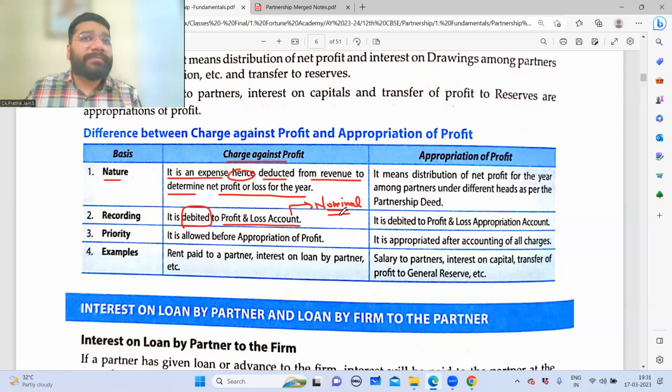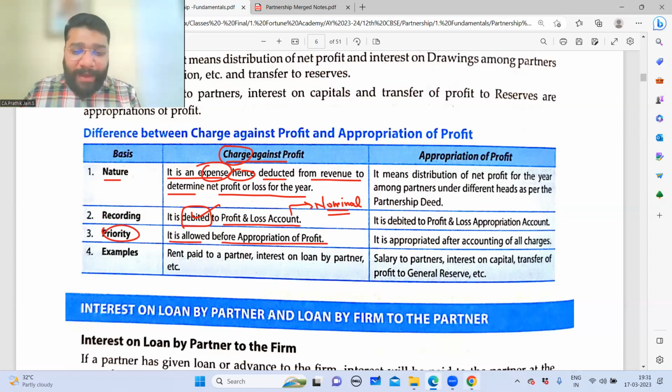What is the rule? Debit all expenses and losses, credit all incomes and gains. So charge is an expense, so it is debited to the P&L account. Any problem? No problem. Debited is fine. Priority: it is allowed before appropriation of profit.